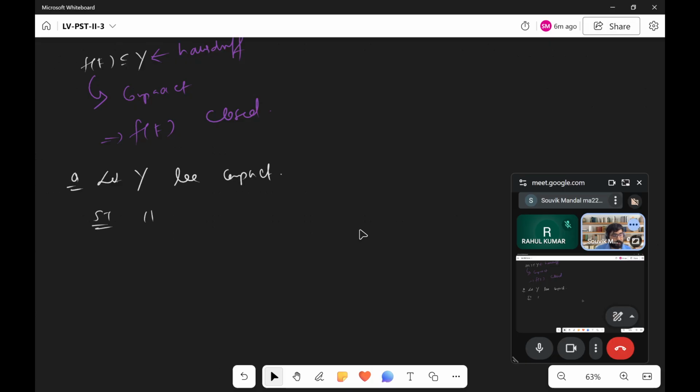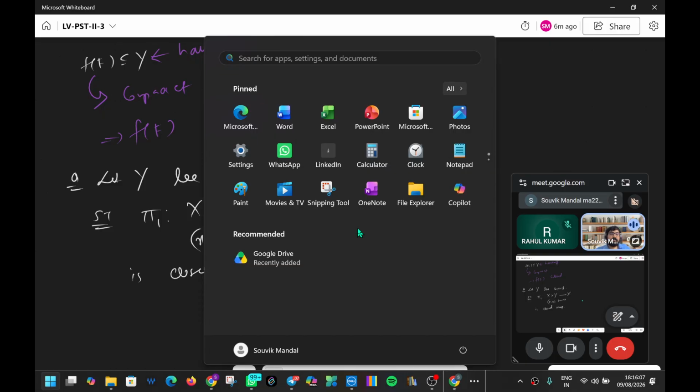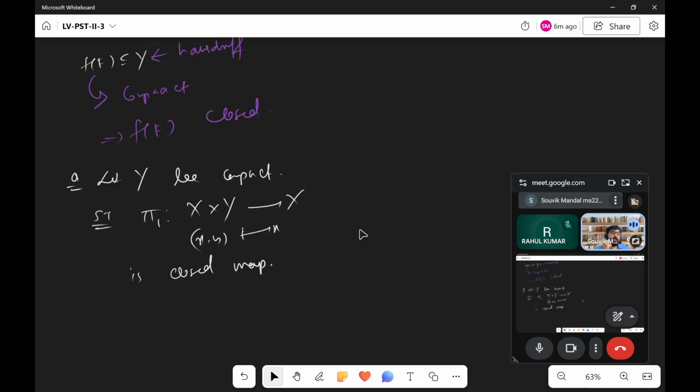Then show that the first coordinate projection map is closed. This question says that we have the first coordinate projection map from X cross Y, with (x, y) going to x. The first coordinate projection map will be closed if Y is compact.